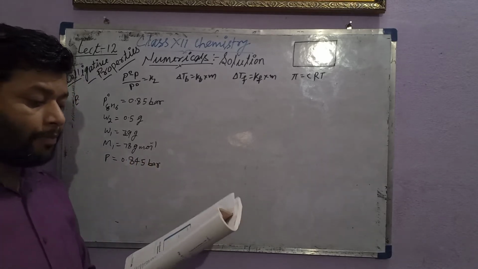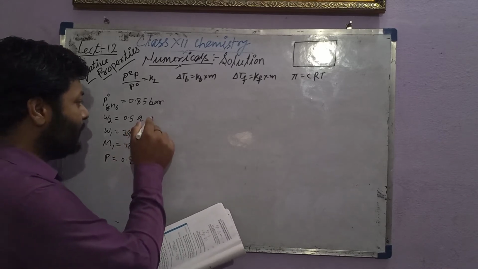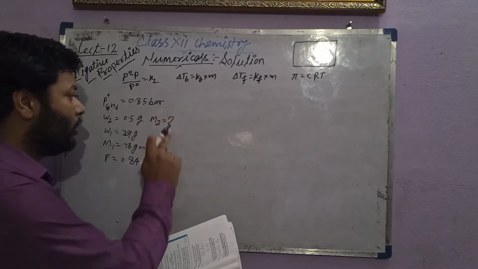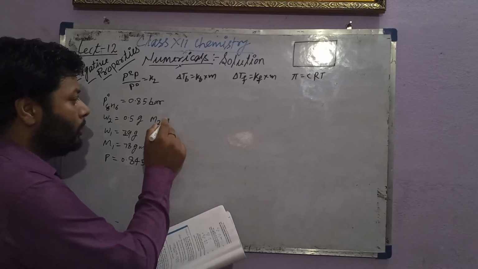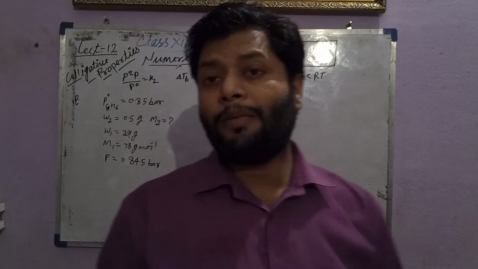What is the molar mass of the solid substance? They are asking for the molar mass of the solid substance, that is called M2. So in the question they asked about the molar mass of the solute.